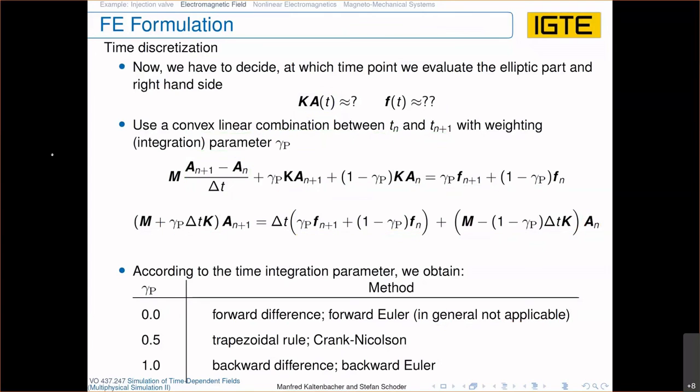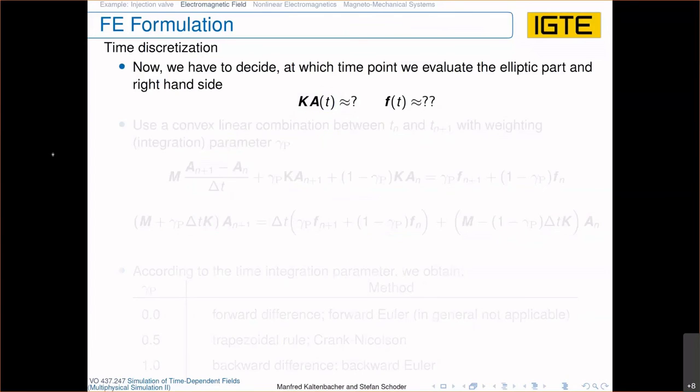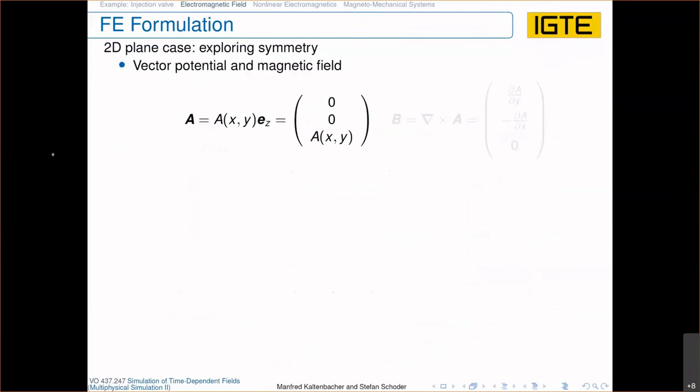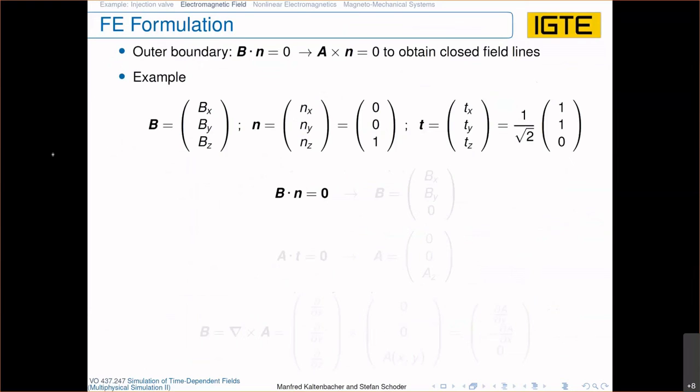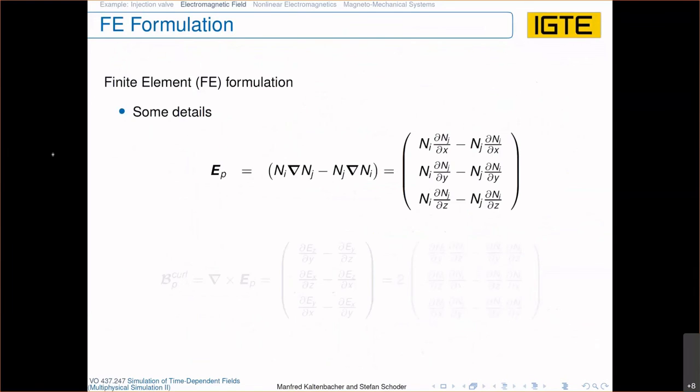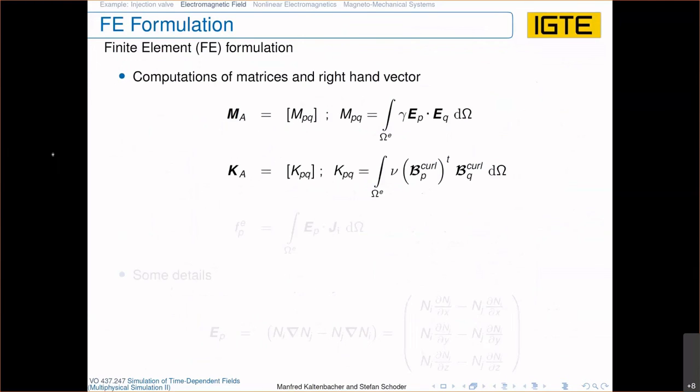I just want to go back to where we computed the mass matrix. Perhaps you remember that the material parameter entering the mass matrix is the electric conductivity gamma. Mostly you also have air within your computational domain.